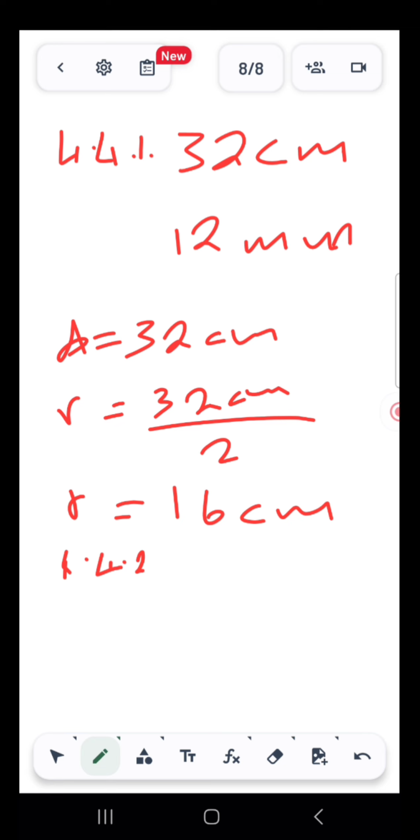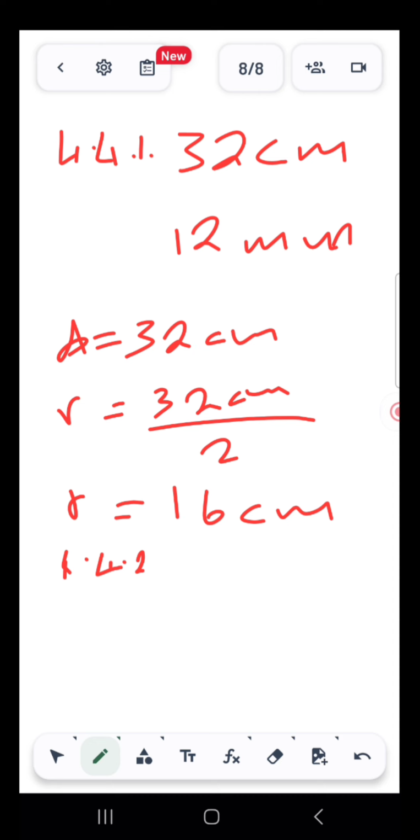Okay. Then from there, they want us now 4.4.2. Calculate the volume of one pizza in cubic millimeters. That's by a formula of volume. Now, before we even calculate the volume, we have to start by converting centimeters into millimeters.